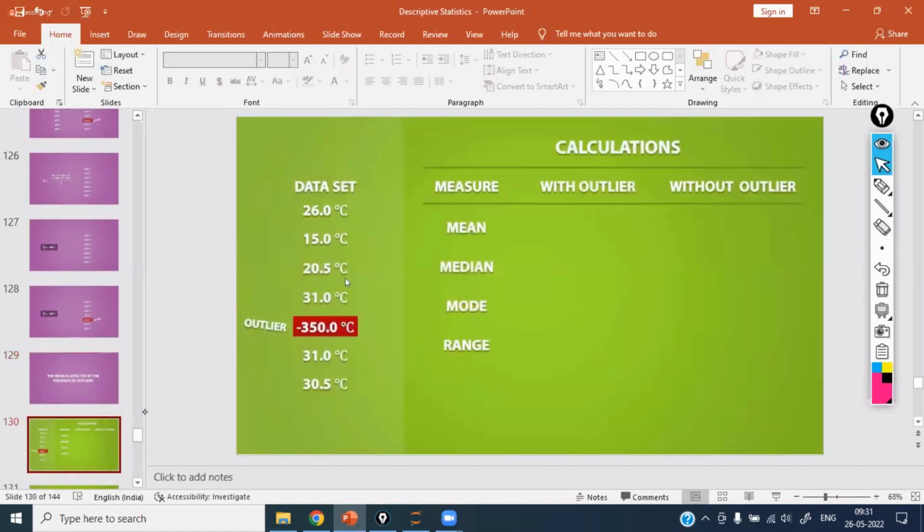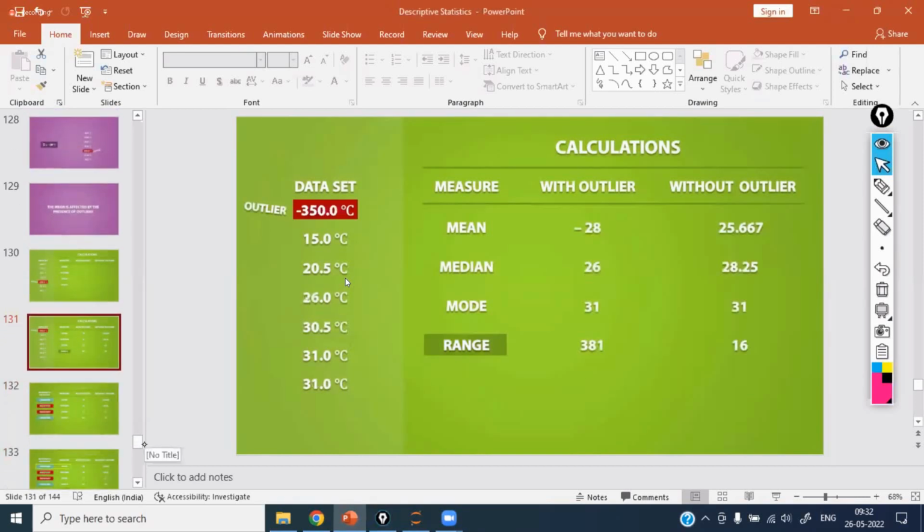Let us calculate with the outlier and without it. Calculate the mean by including it, and by removing it. Similarly, calculate the median, mode and range both ways, and let us see the values.